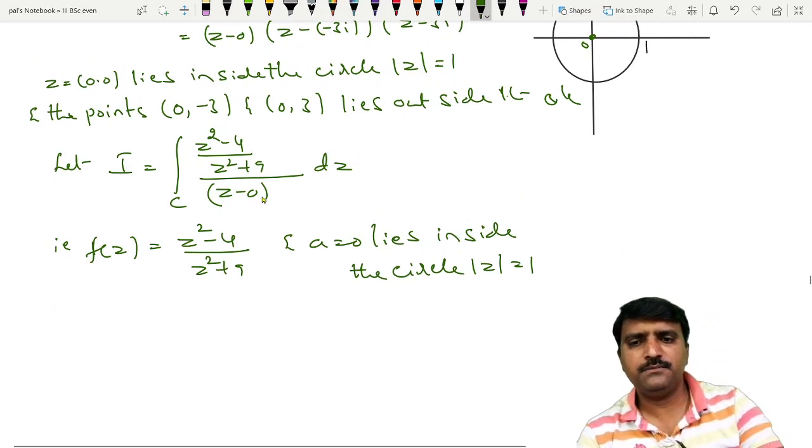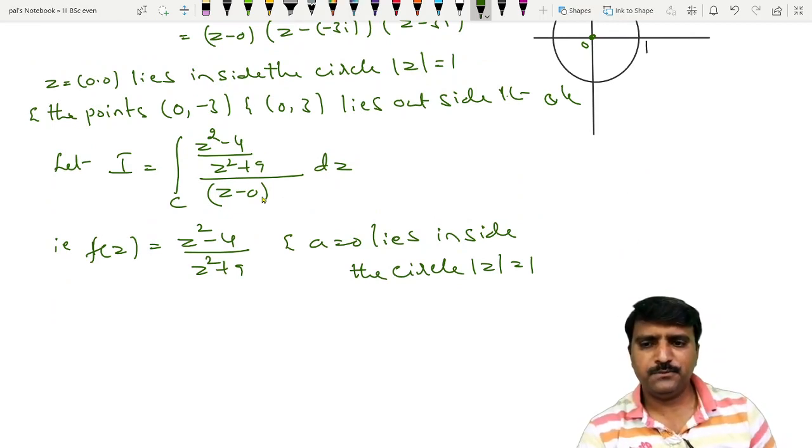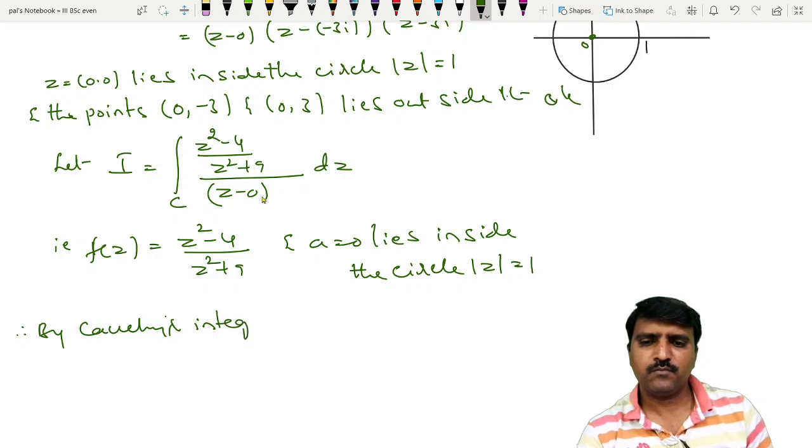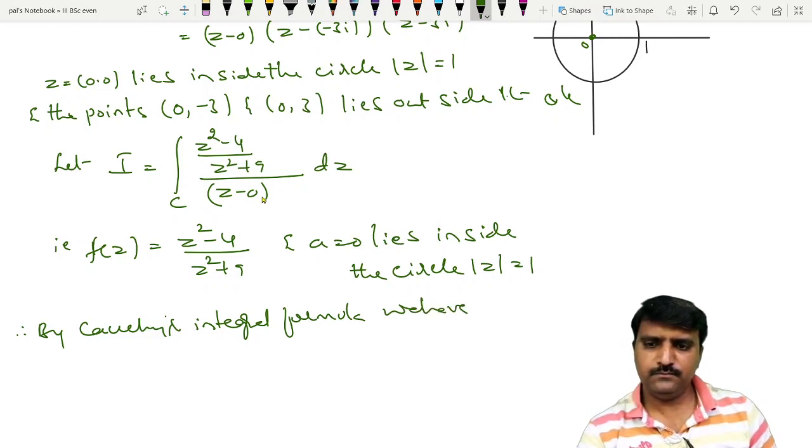Therefore by Cauchy's integral formula, we have I is equal to 2 pi i into f of 0.